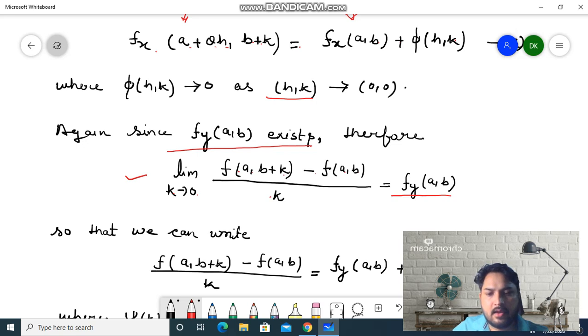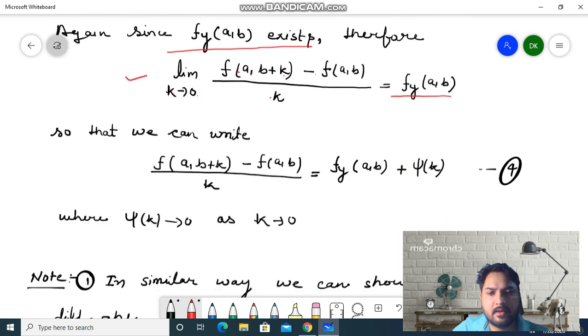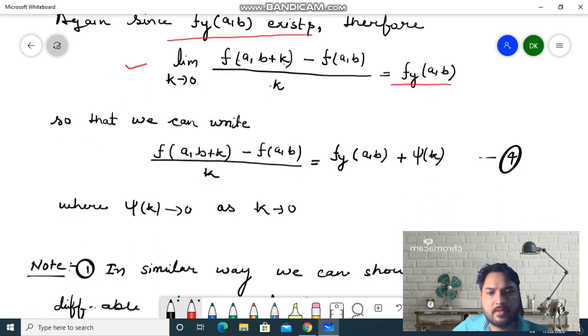We can also rewrite this equation by removing the limit and adding a function psi(k), where psi(k) tends to 0 as k tends to 0.